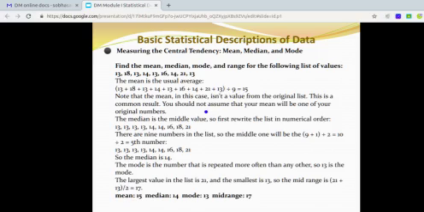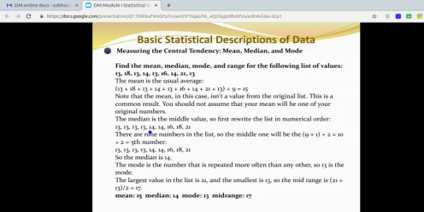Now median is the middle value. To find out the middle value, first of all you arrange the elements in a sorted manner, in numerical order, and take the middle value. So here you have 9 elements, the middle value is 9 plus 1 divided by 2, that is the 5th element.